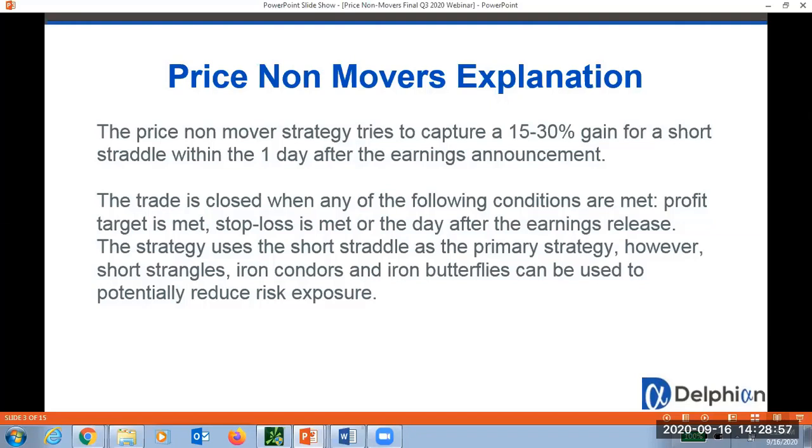With this strategy, we're using the short straddle as the primary strategy for this example, but like I mentioned before, you can use short strangles. You can test iron condors and iron butterflies as well.